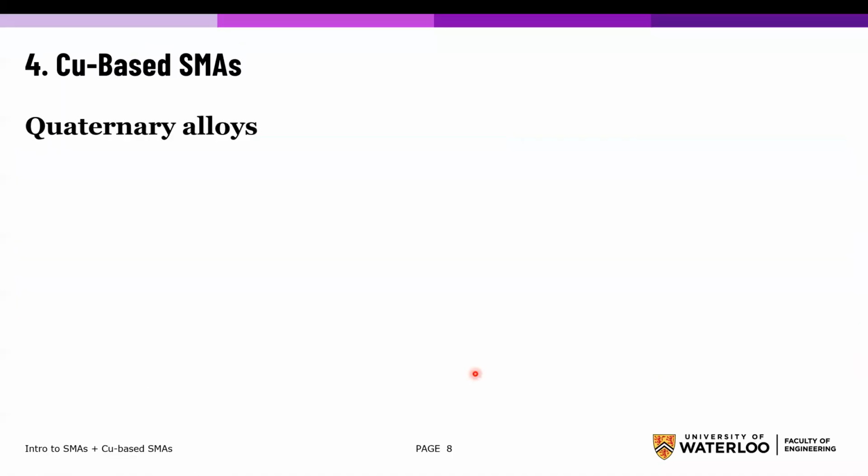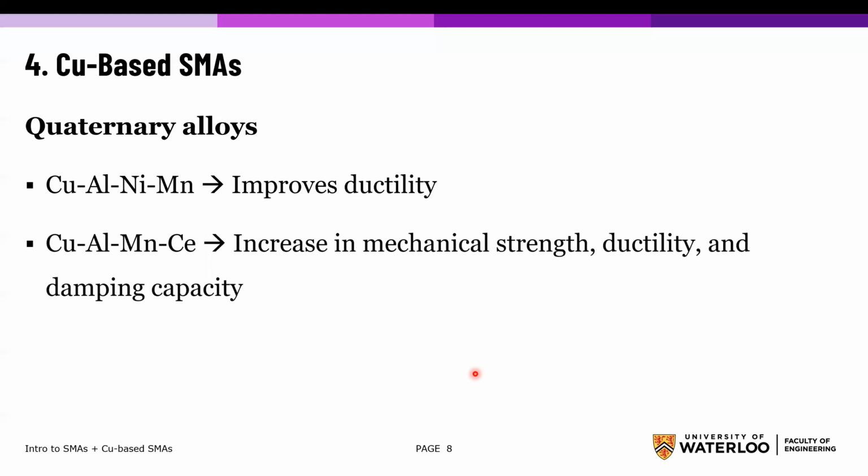Now, for the quaternary alloys, here are some of their advantages that this fourth element that is added brings over its ternary base alloys. So for the CuAlNi, when manganese is added, it improves its ductility. And for the CuAlMn, when cerium is added, it increases its mechanical strength, ductility, and damping capacity.